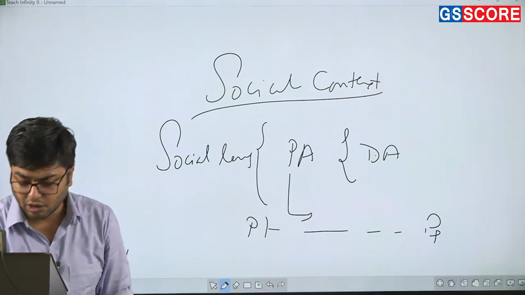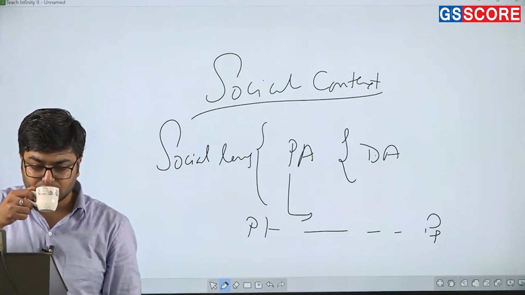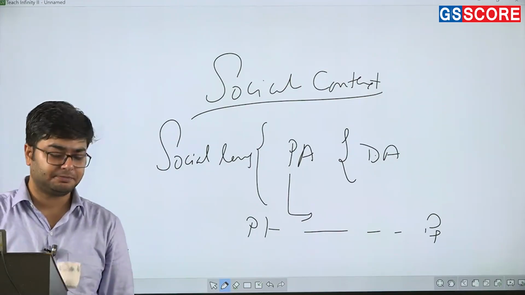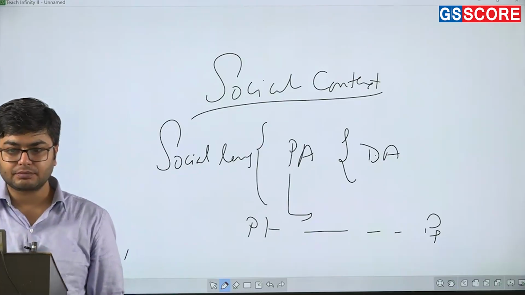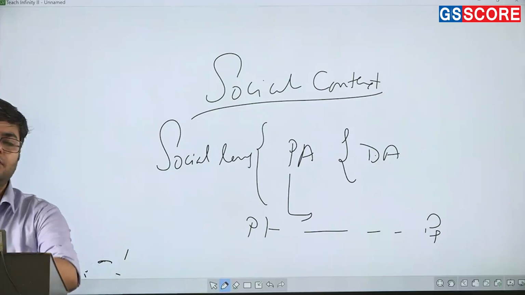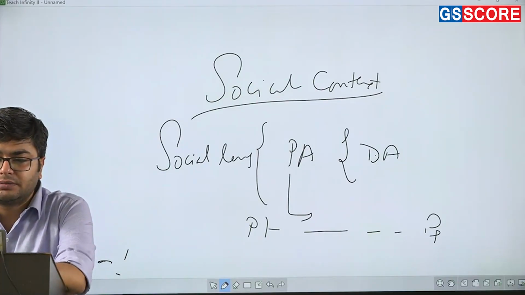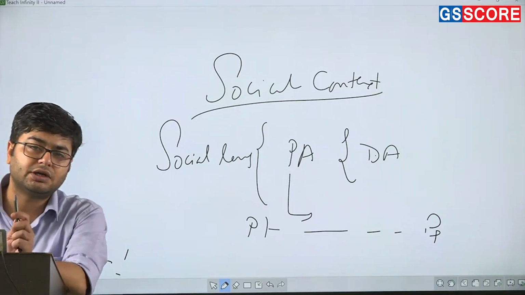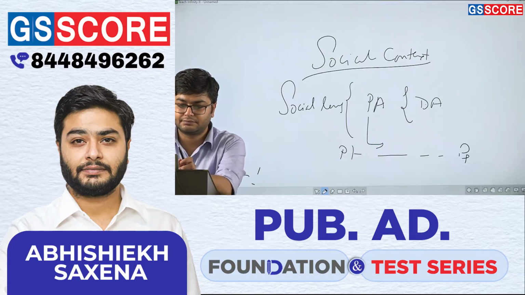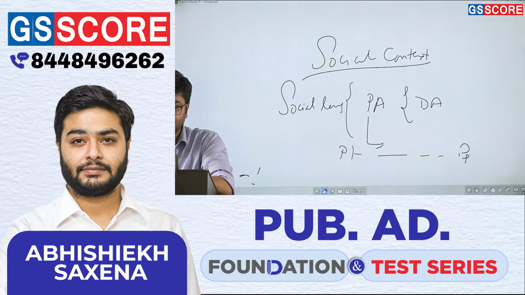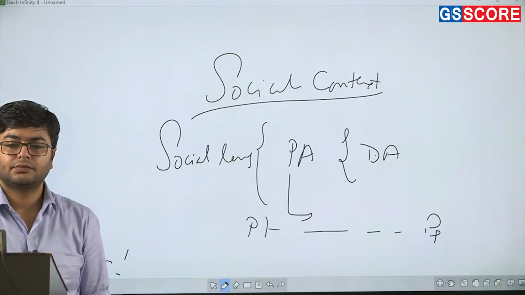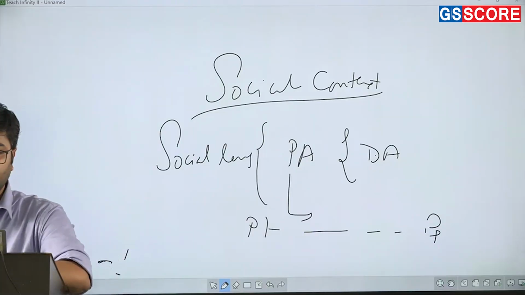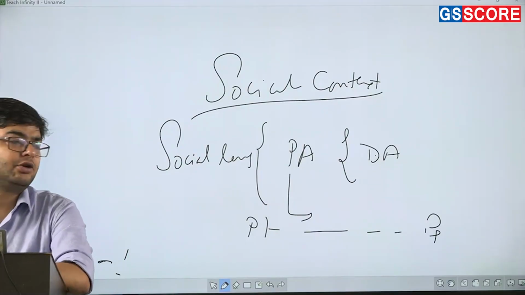Write down certain features of DA. Just the bullet points I will give. Change oriented, dynamic, non-status quoist. That means change is a cardinal value of DA. Goal oriented, anti-dogmatic and anti-conservative, client-oriented, people-centered.